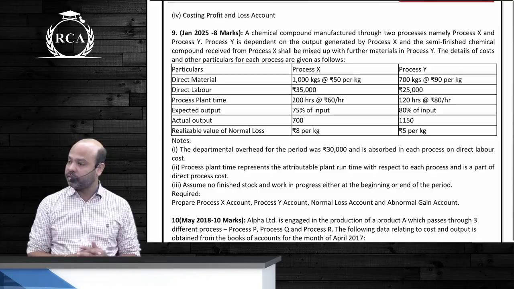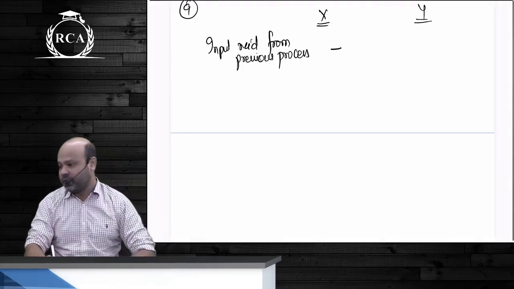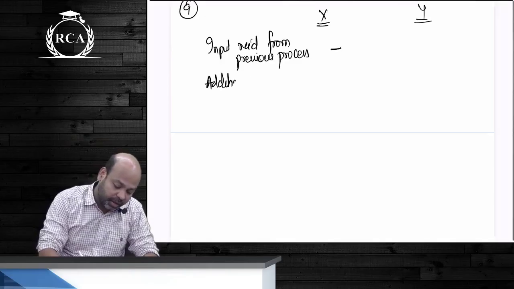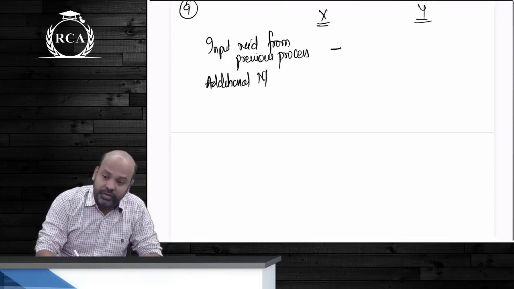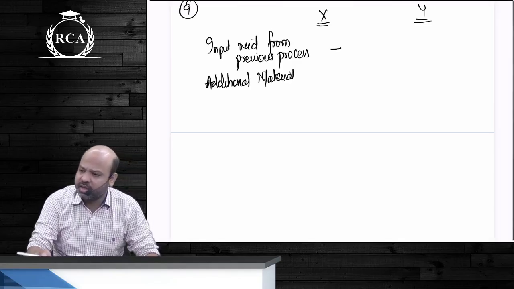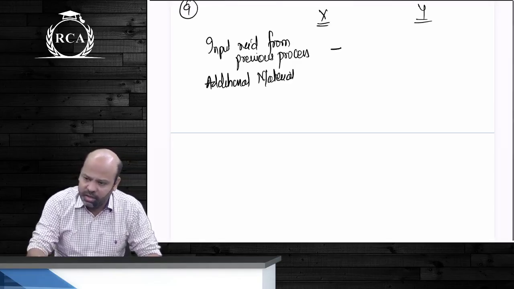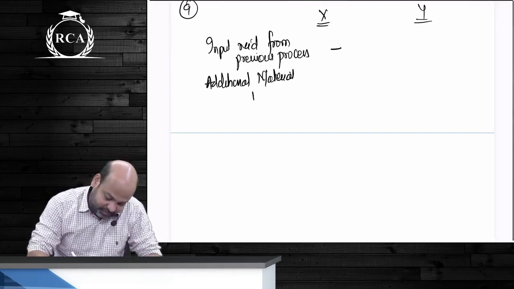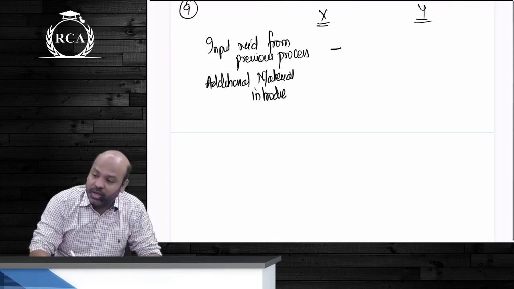Normal, guys. There are two types of material here. One is input received from previous process. The other one is the additional material introduced. In the first process, additional material introduced, guys.